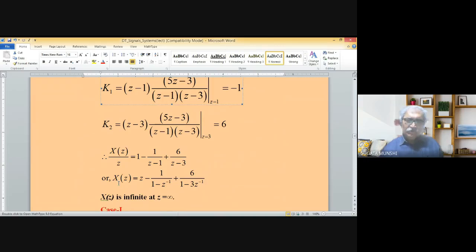What is important to observe here is that X(z) is infinite at z equal to infinity. So the point z equal to infinity should not lie in the ROC. The ROC should exclude z equal to infinity.